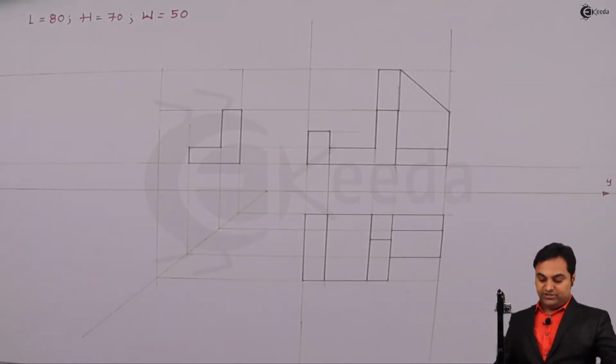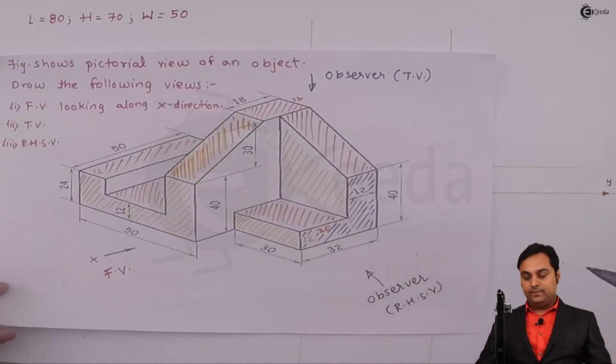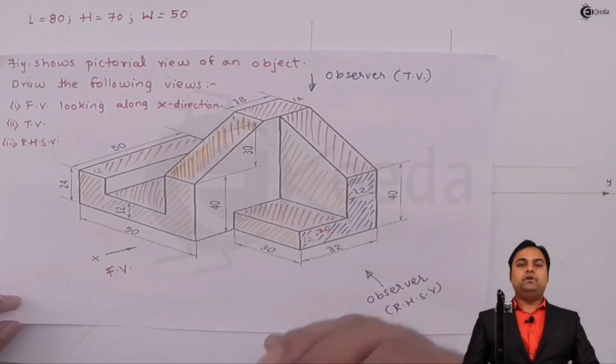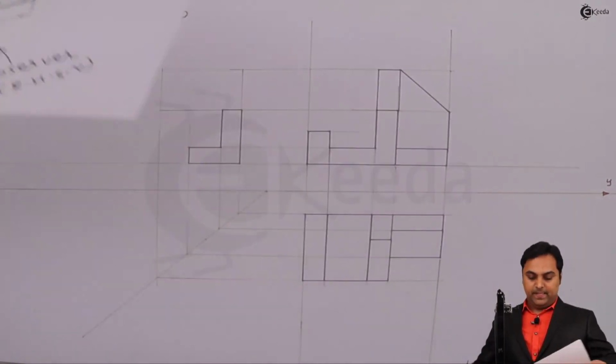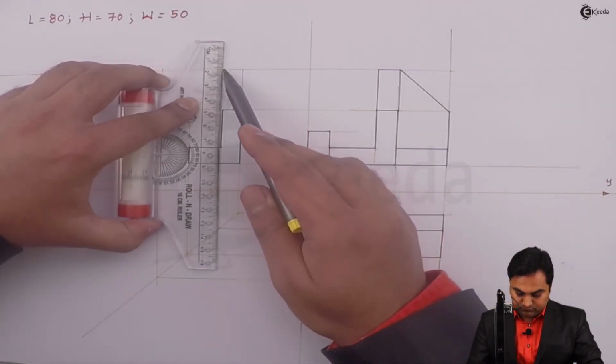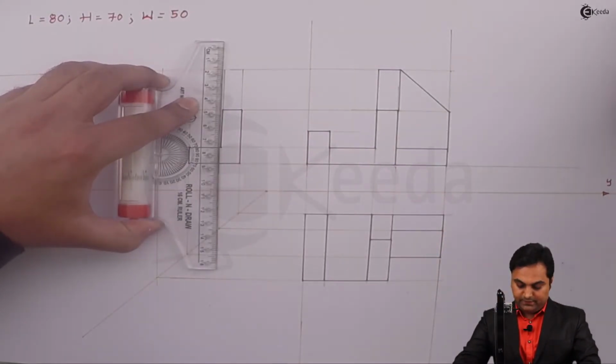So this portion is seen from the side view as I have mentioned. Next, at the same time, this inclined rectangle will also be visible, but it will appear as a straight rectangle. And then I'll make it dark.